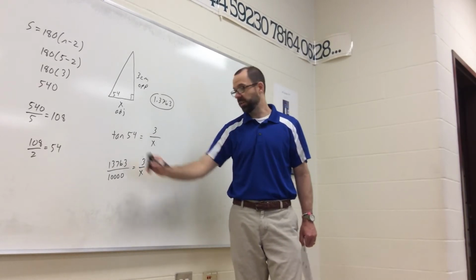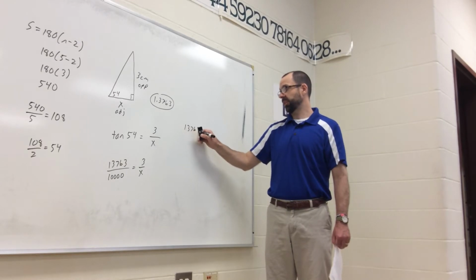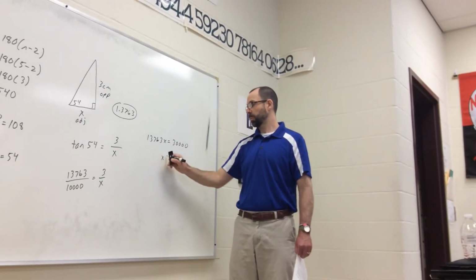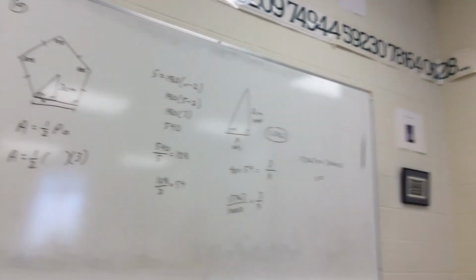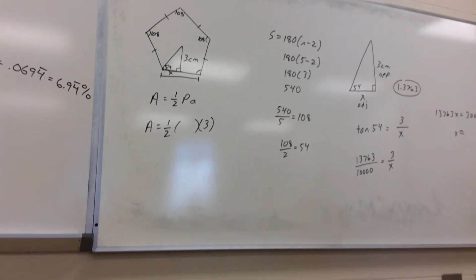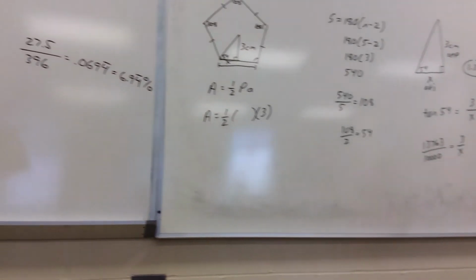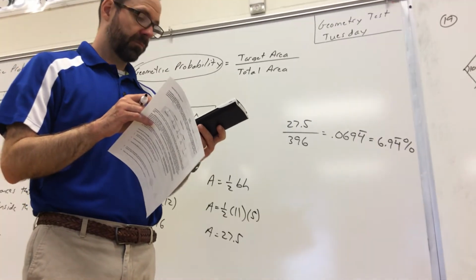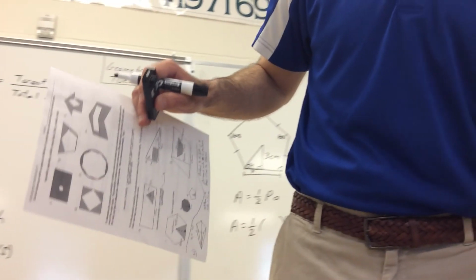Now we're almost home free. Now you just do cross products. That's easy. 13,763x equals 30,000. Then you divide that out. x is 2.18.